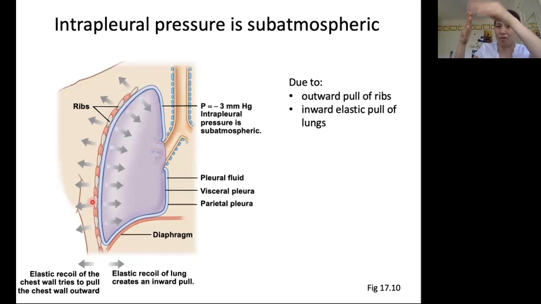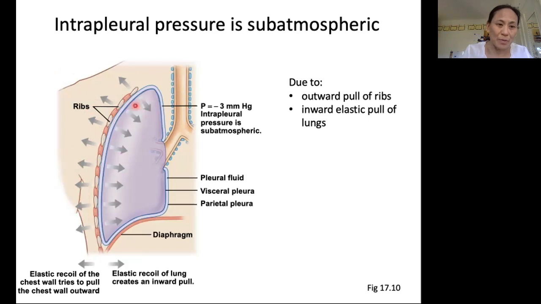So they would prefer to be like this, but we're pulling in on them like this, okay? So since they're attached to the pleura, they want to come out like this. They're pulling outwards, as indicated by these arrows, okay? So that's one side of the pleura. We have this outward pull, okay?